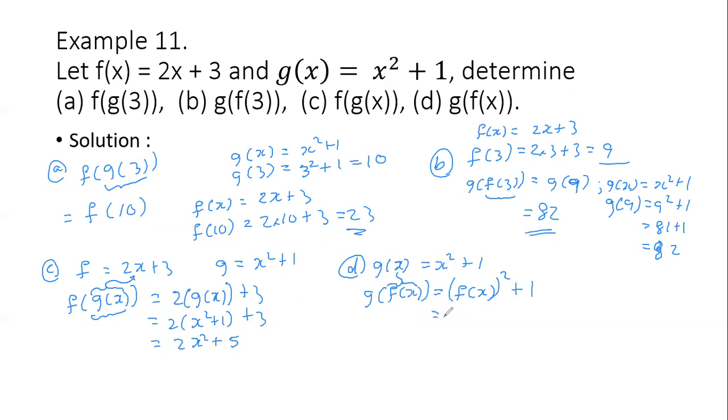F(x) is 2x plus 3, so (2x plus 3) squared plus 1. Squaring this, we get 4x squared plus 12x plus 9, plus 1, which is 4x squared plus 12x plus 10. Okay, that is g of f of x.